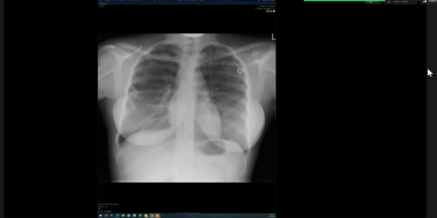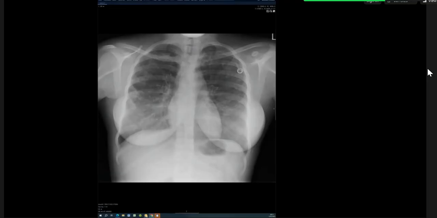Okay, I am presented with a frontal radiograph of the chest. There is no obvious abnormality that is apparent to me. However, I do notice that there is increased reticular nodular opacity in the periphery of the lungs bilaterally, and there is also, I forgot the name for it, the line for a long-term portocath in situ.